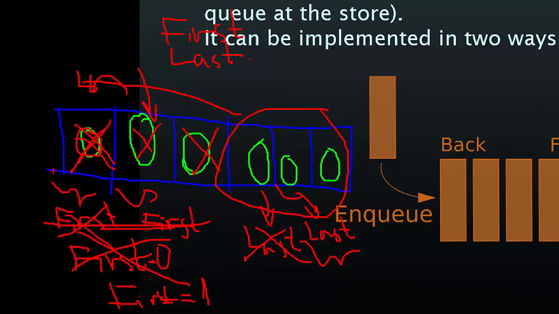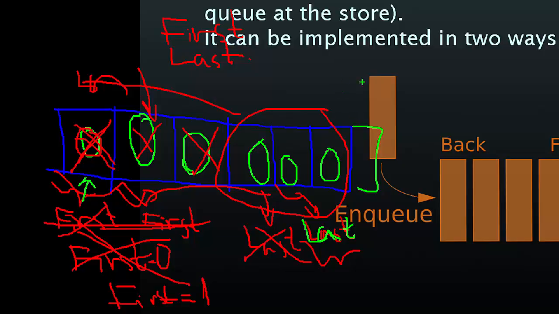But then again, we'll be losing a lot of empty cells that we can make use of because they are there. So what is normally done is on the last element, as soon as we don't have empty elements here, we just say, well, last is going to be here because the cell is free, we can use it.